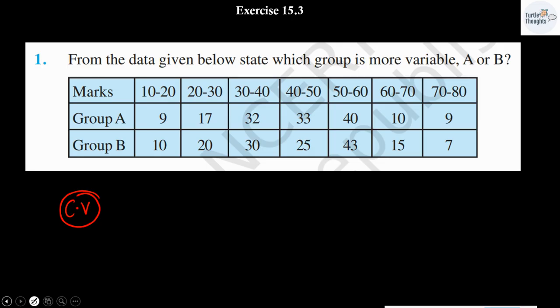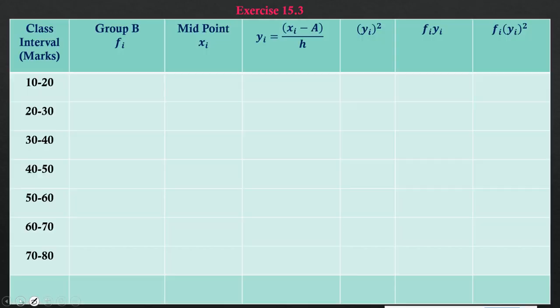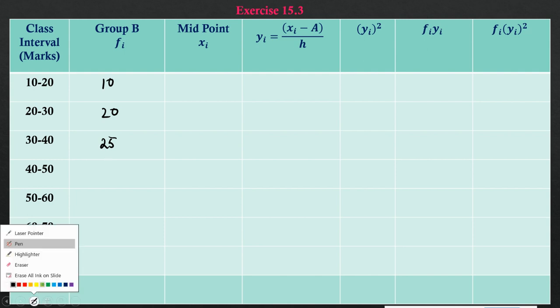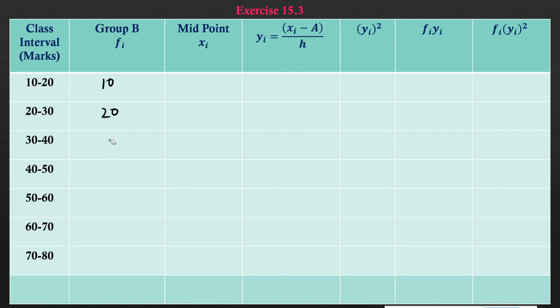Fi value is going to be equal to here 10, 20, 30, 25, 43, 15 and 7. So over here, I can start by writing 10, 20, sorry, 30, 25, 43, 15 and 7.